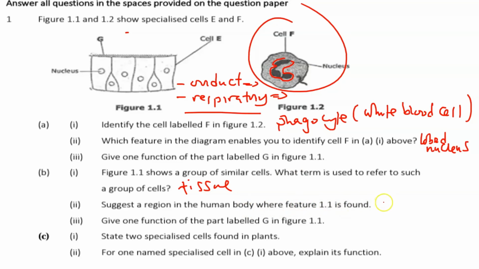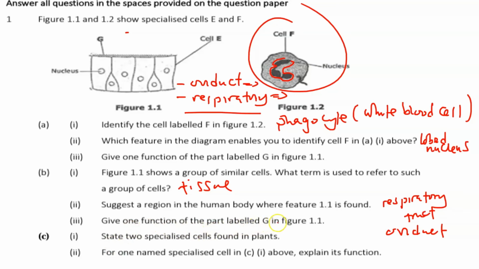So in the human body, you can choose to put the respiratory tract, or the oviduct in women. Okay? Then give one function of part labeled G.